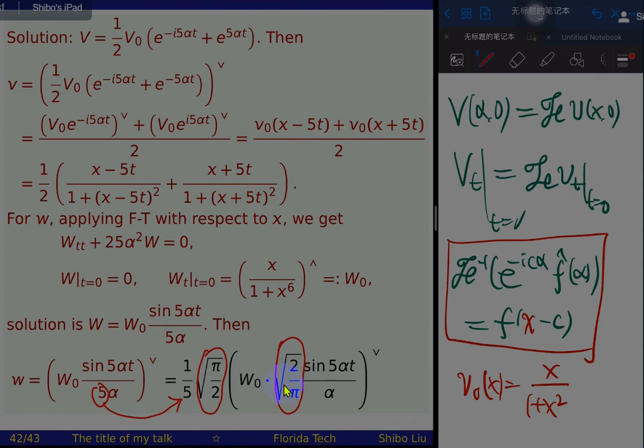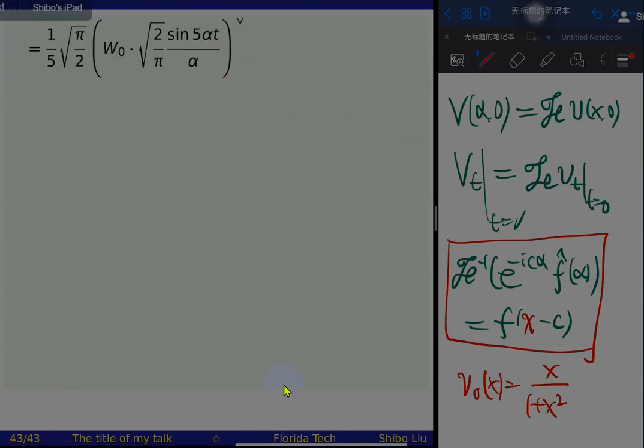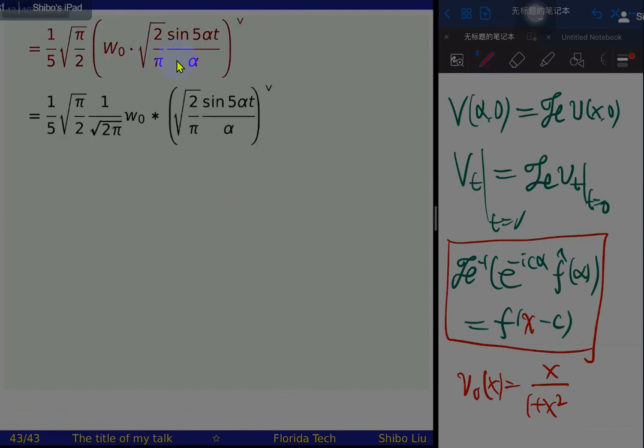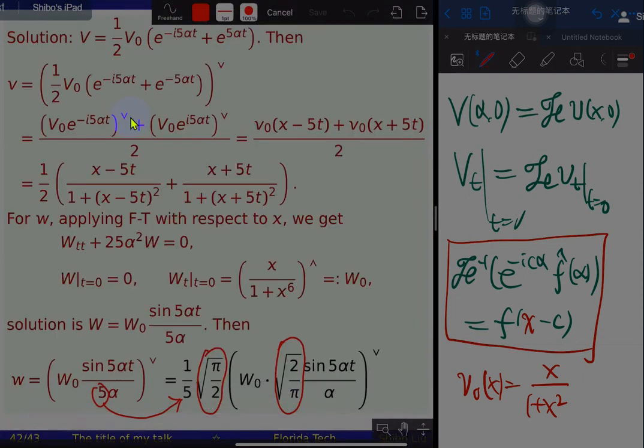Now I copy this to the next page here. The inverse transform of the multiplication equals the convolution of their inverses. Of course, this convolution needs to be divided by the square root of 2π. Now, the inverse of W0, we denote it by small w0, which is simply this function.